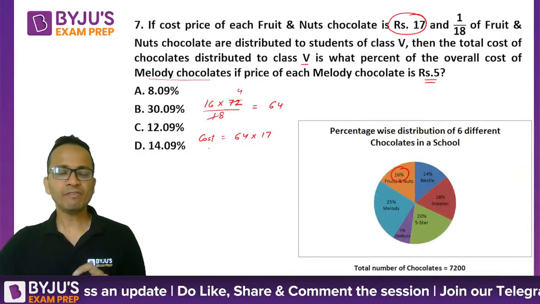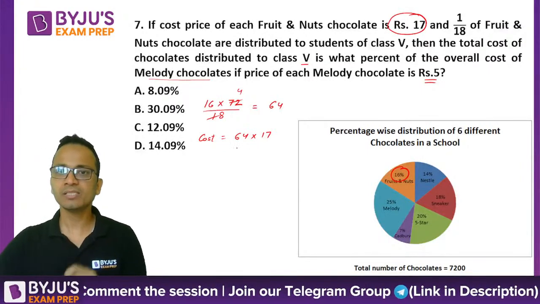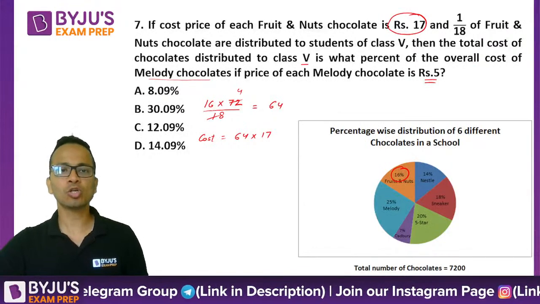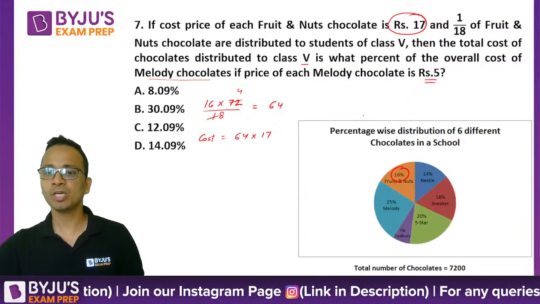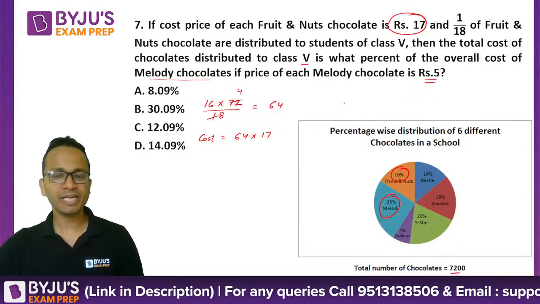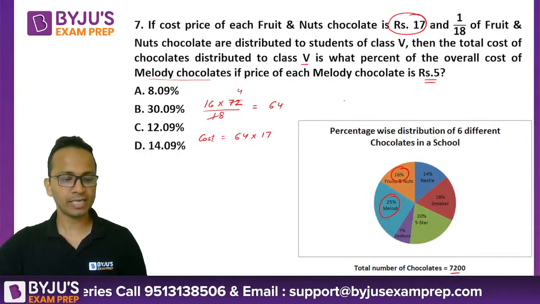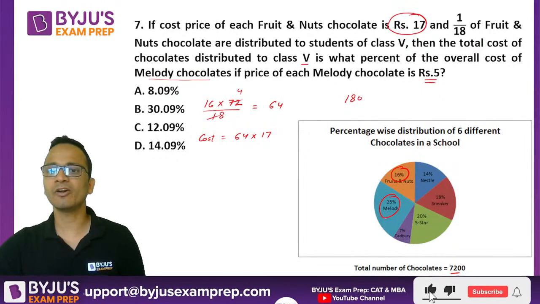Now we have to find out 64 into 17 is what percentage of the overall cost of Melody chocolates. So how many Melody chocolates have we distributed? 25% of 7200. So the number of Melody chocolates distributed is 1800.